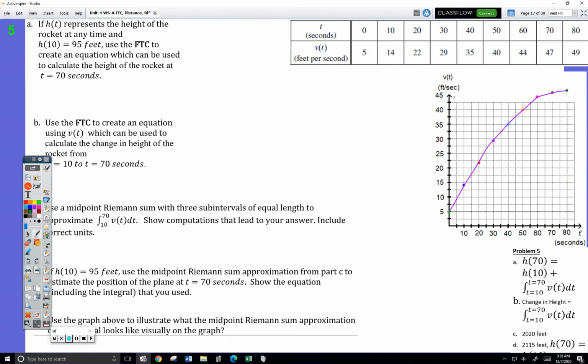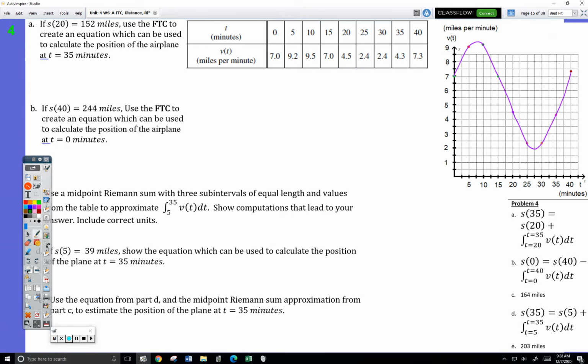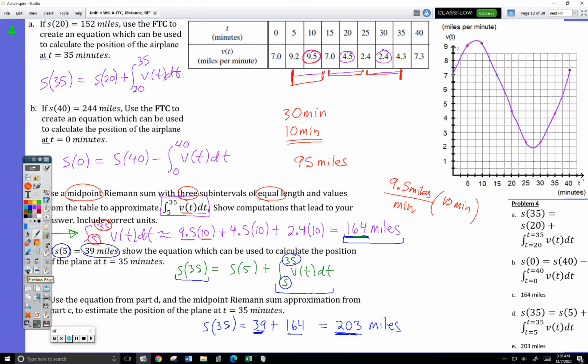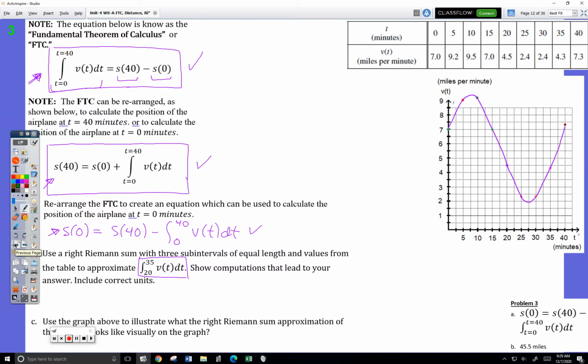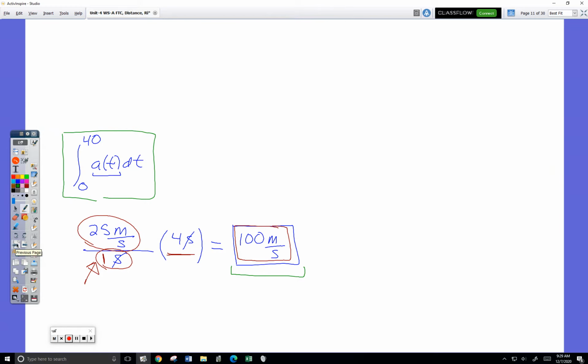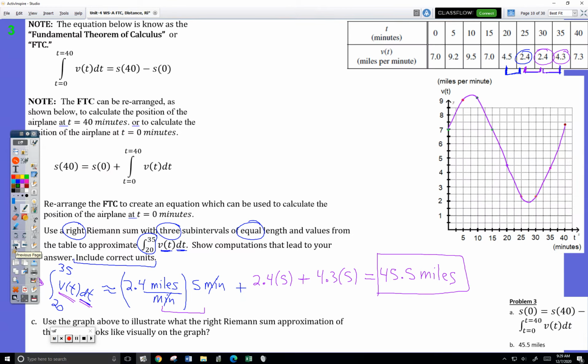Okay, back to here. Show me 1 or 2 if the right Riemann sum feels comfortable.